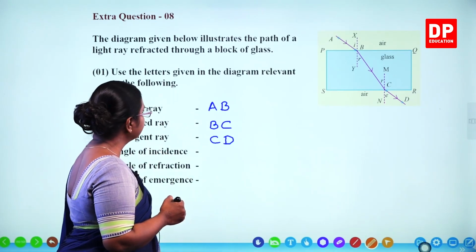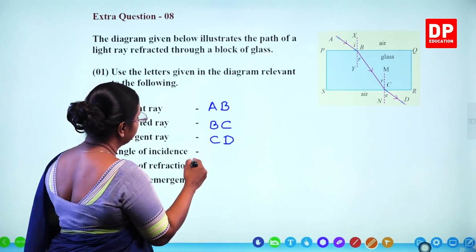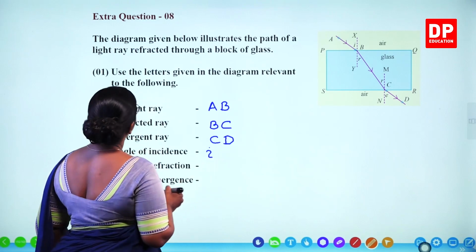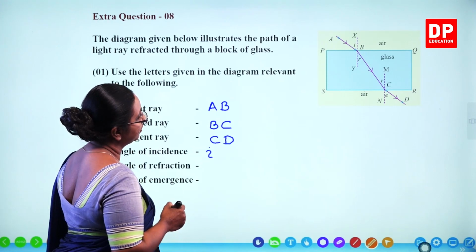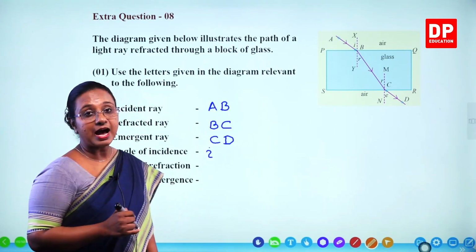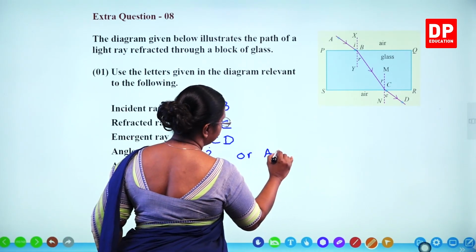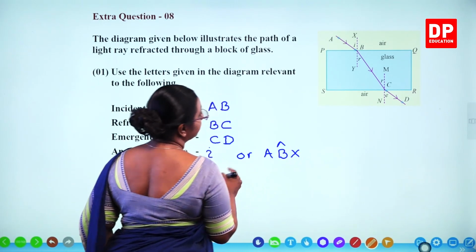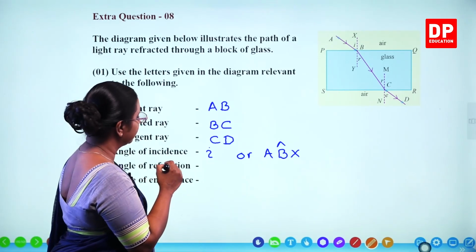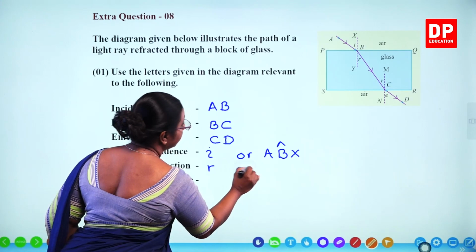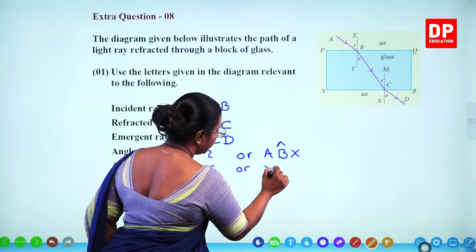So then we have to write the angle of incidence, angle of refraction and angle of emergence. Angle of incidence is, they have said use the letters given in the diagram relevant to the following. So we can either write it as I or you can write the angle as ABX. You know how you write angles. Then what is the angle of refraction? That is R, or you can say YBC.